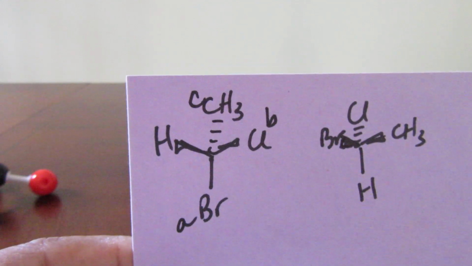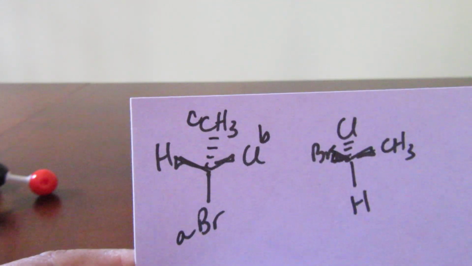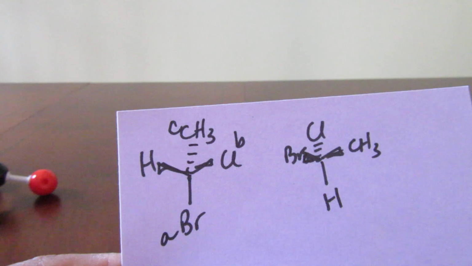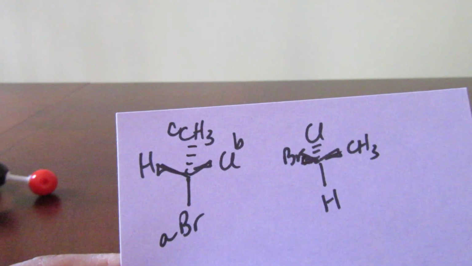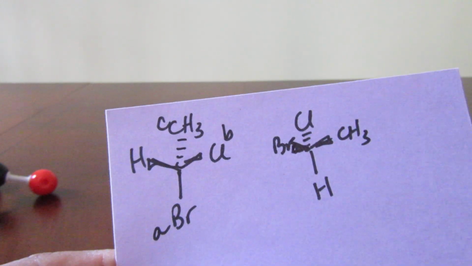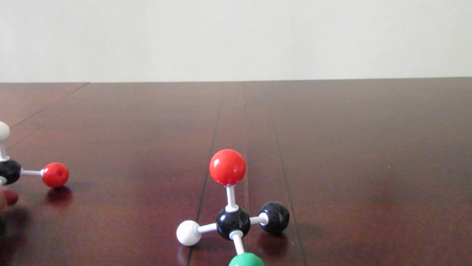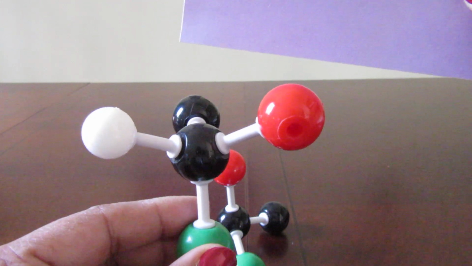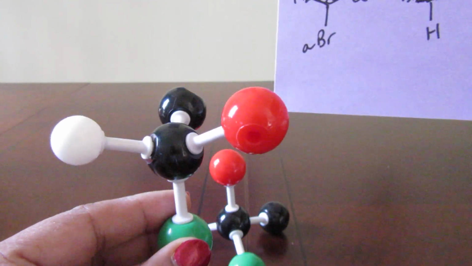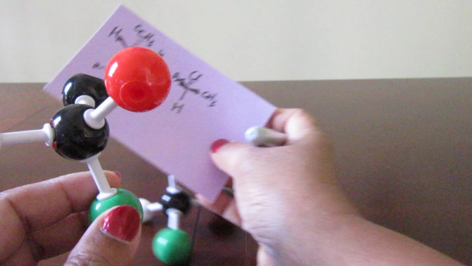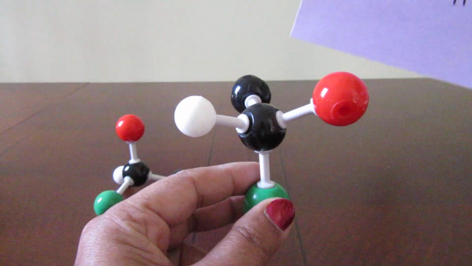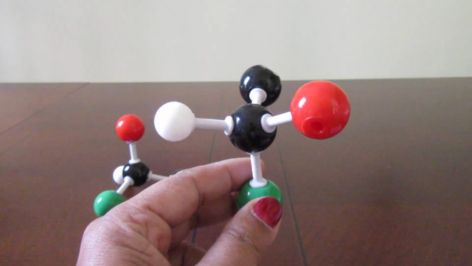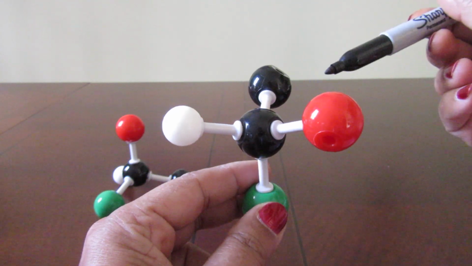Hydrogen we know is lowest priority, so that's at the back. CH3 is here, Cl is here. Now you can assign priorities here. So Br is going to be A, and then B and C. That's how our priorities go. Br is the highest priority here, and H I'm not even marking because I know that's going to be the lowest priority. If I'm looking at my model, here is the model for this one. Here is the Br that I'm holding, the CH3 is at the back. What I want you to do is try and visualize this molecule looking from this side.